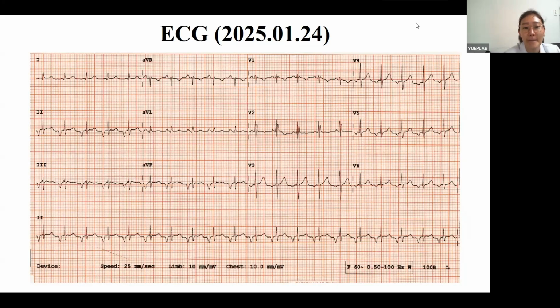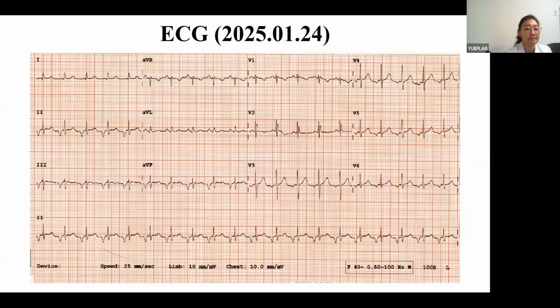Let's see. Where is this P wave coming from? The first thing, where do you think it's coming from? Right atrium or left atrium? Lead 1 P wave is positive, that means it comes from the left lateral side.